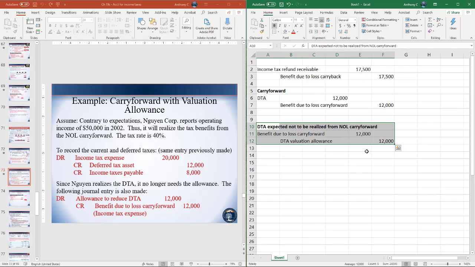Now we're realizing in 2002 that we are going to realize the NOL carry forward. So the first thing we can do is we'll just reverse this journal entry here to reflect that we are going to realize the NOL carry forward.